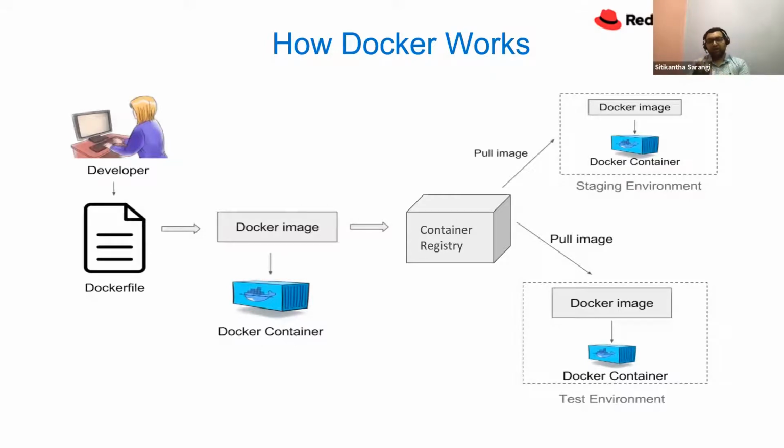You can pull one of the base images available in the public container registries. OpenShift has one too. You can package your code with that application server image, create a custom image out of it, and store it in the container registry.